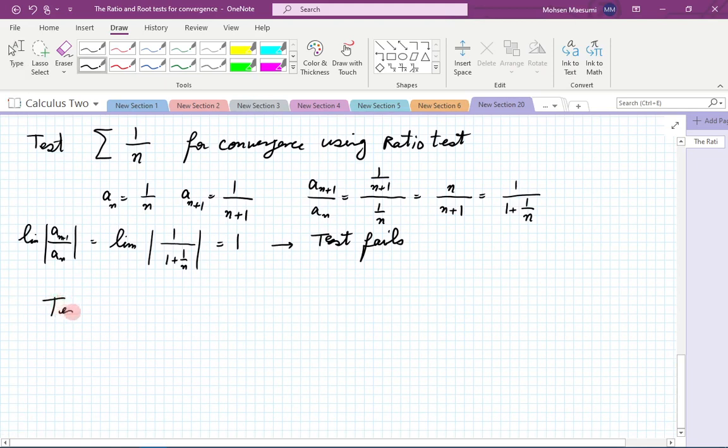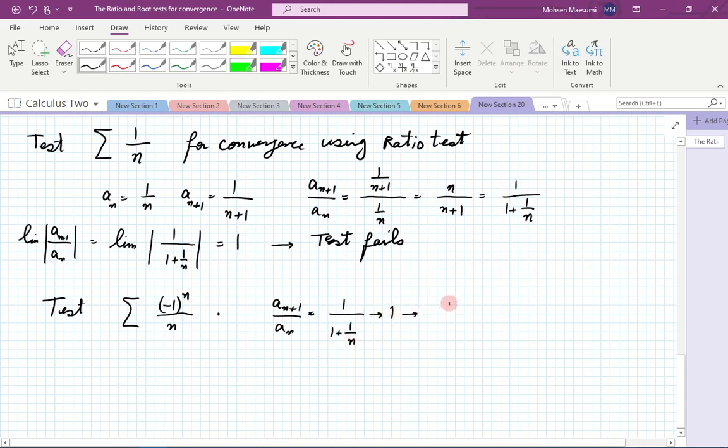Similarly, if I have (minus 1) to the power of n over n, and the question is to test this one, then again a_(n+1) over a_n is just like this, 1 over 1 plus 1 over n, and that one also tends to 1.